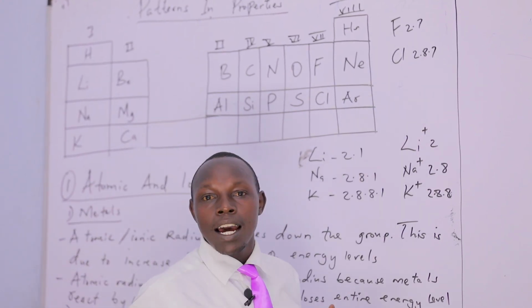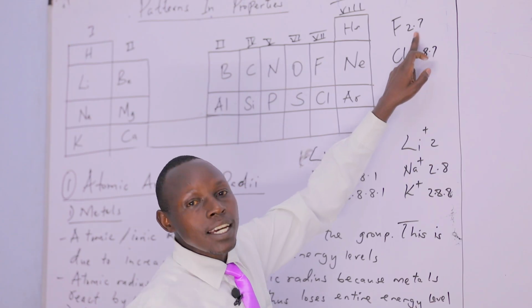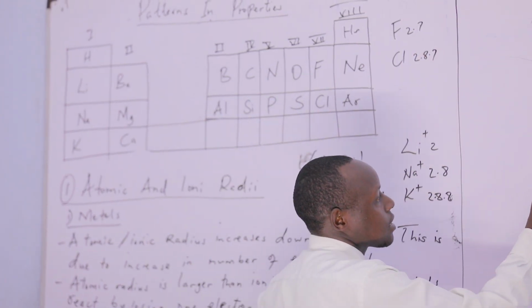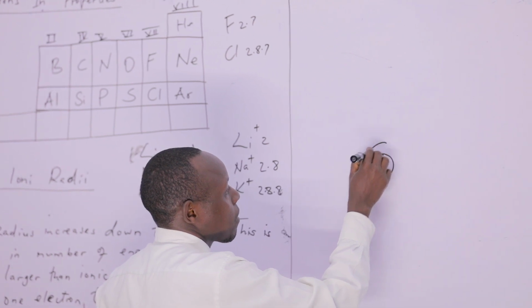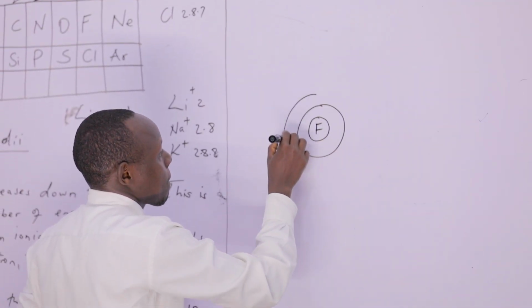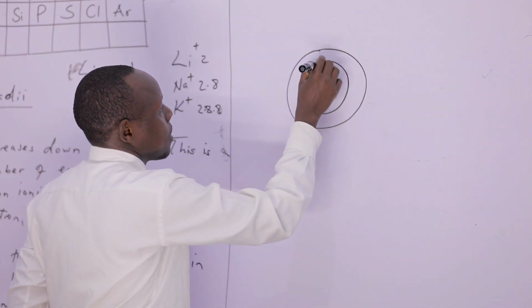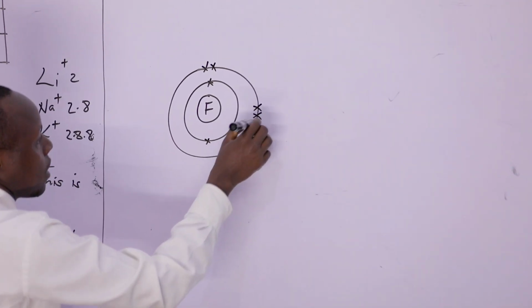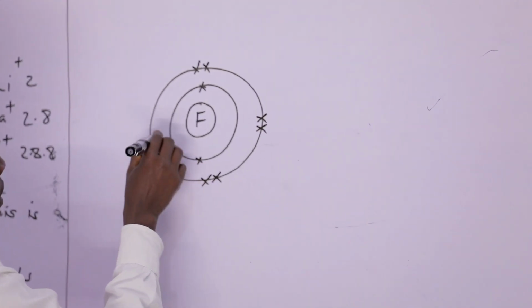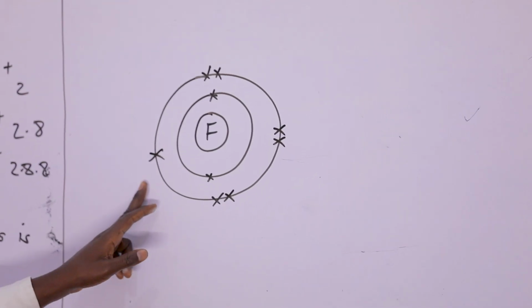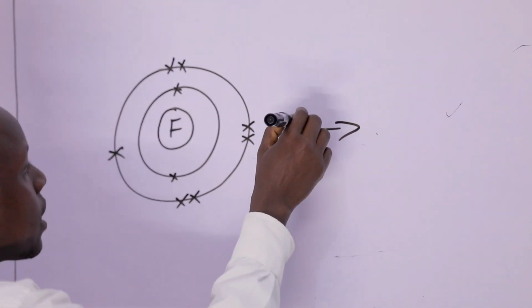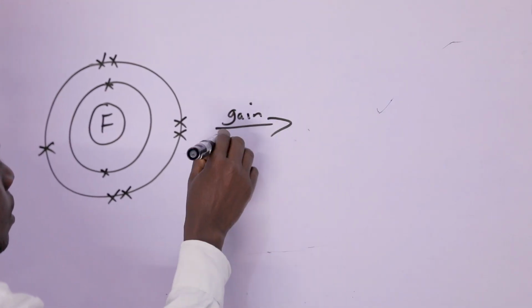Now, fluorine gains 1 electron to be stable. So if I can illustrate, this is 2, 7. So these are 7 electrons for fluorine. For it to be stable, it gains 1 electron.